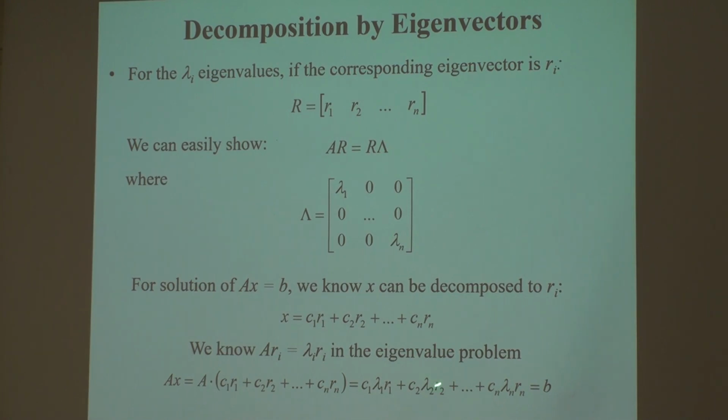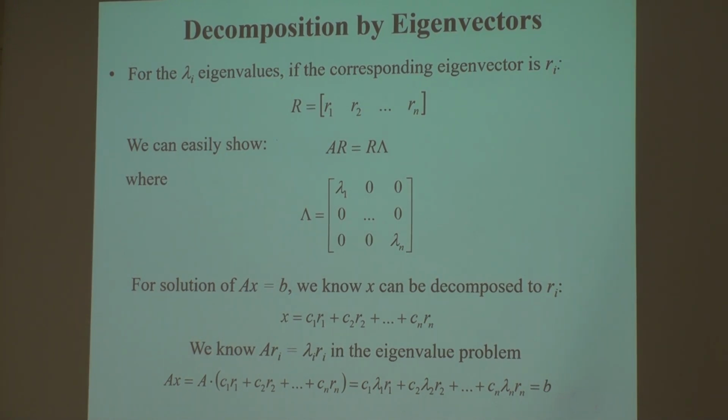If I know these eigenvectors and the corresponding eigenvalues, then solving any Ax equal to b is to decompose b into the eigenvector composition. I know all the lambda 1 to determine your c1, c2, to cn, and your solution is nothing but the combination of that. I'm really done.